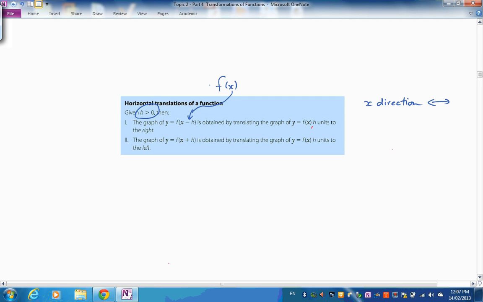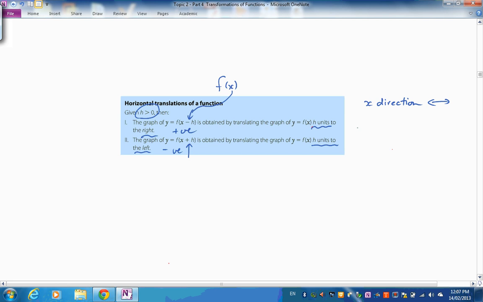So it actually moves h units to the right in a positive direction, even though you took that negative constant away. And if you put x plus h in place of x, it actually moves h units to the left. So that's in the negative direction.